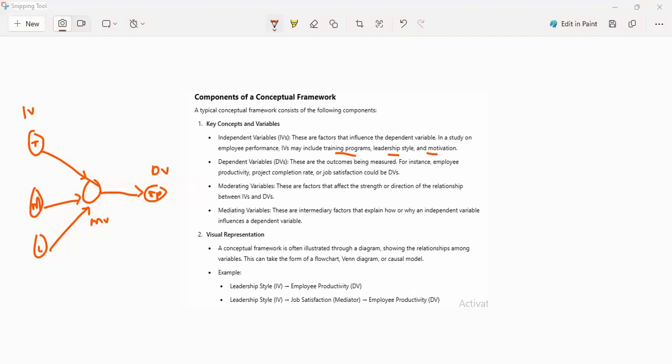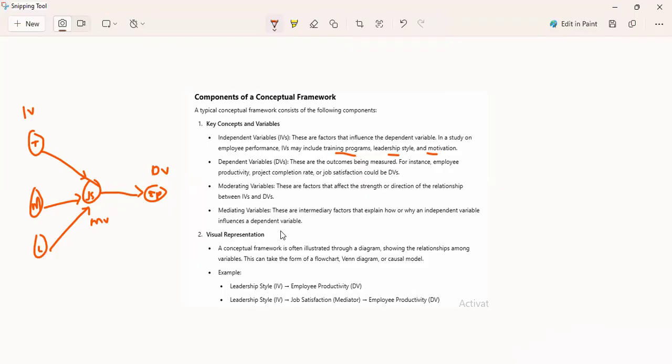So a mediator or mediating variable is simply the intermediary that will explain why there's a causal relationship there. The mediating variable is job satisfaction. So when training is done and employees are satisfied, there will be high employee performance. When it's motivation, but they are satisfied. So it's a condition and environment under which that will take place.